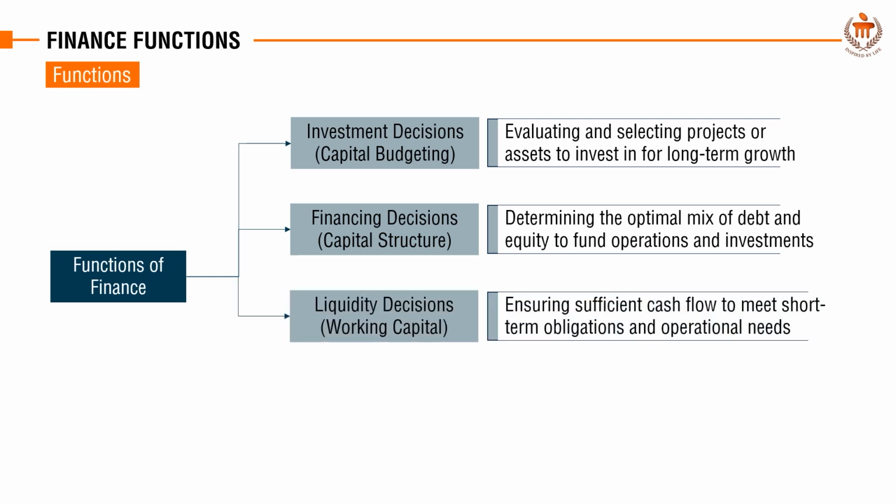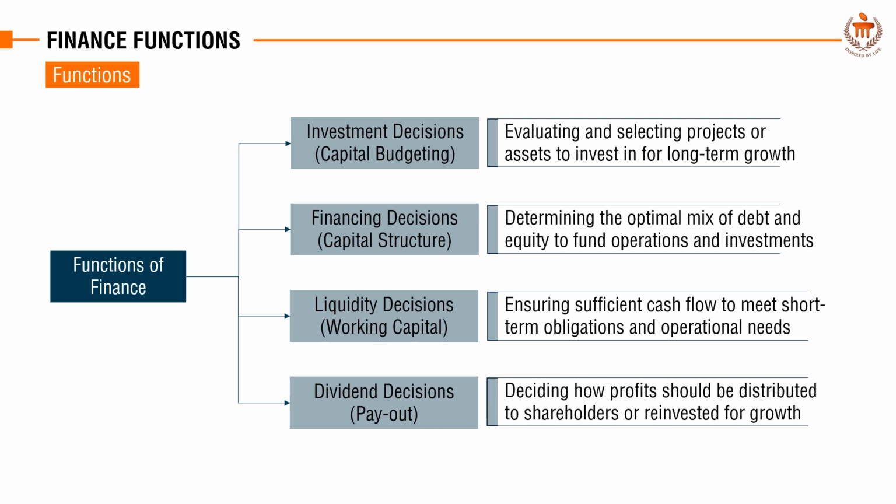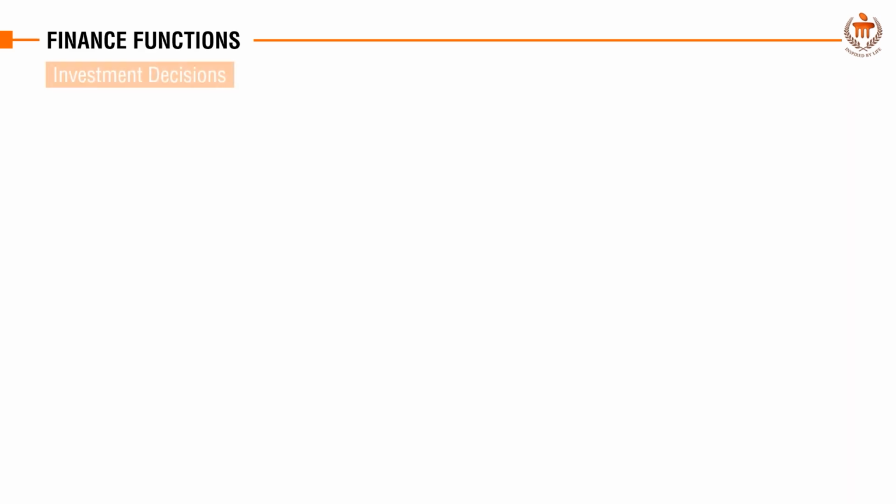Third, liquidity decisions, working capital, ensuring sufficient cash flow to meet short-term obligations and operational needs. Fourth, dividend decisions, that is payout, deciding how profits should be distributed to shareholders or reinvested for growth. These functions collectively ensure financial stability, profitability, and strategic alignment with the business goals.